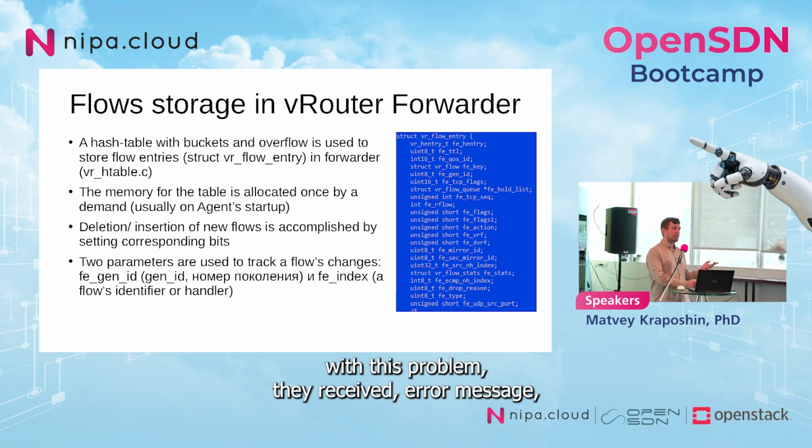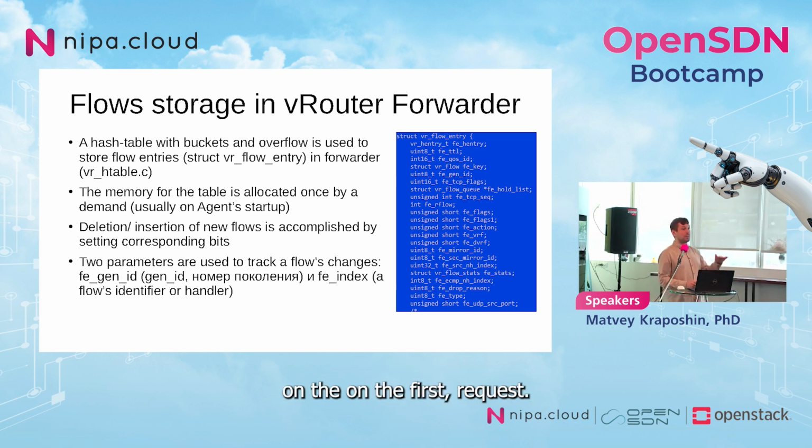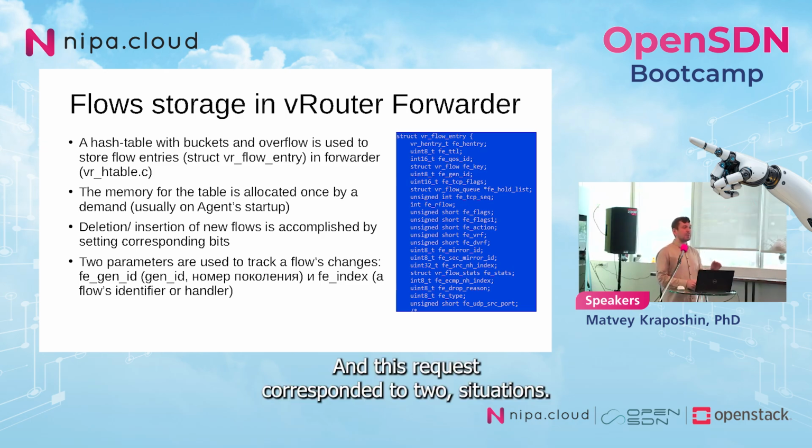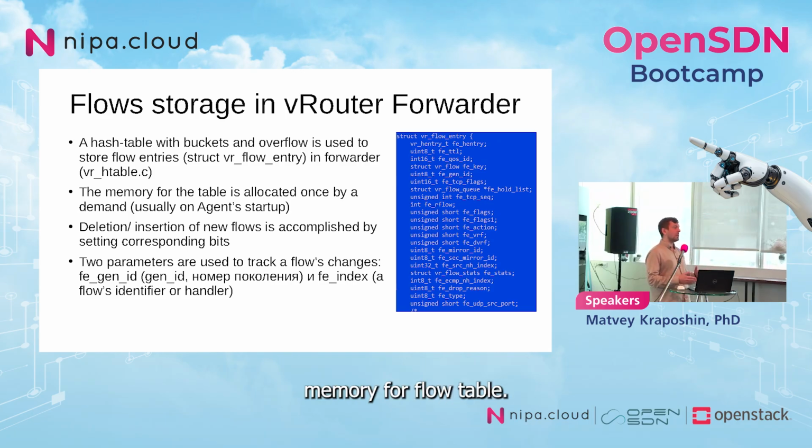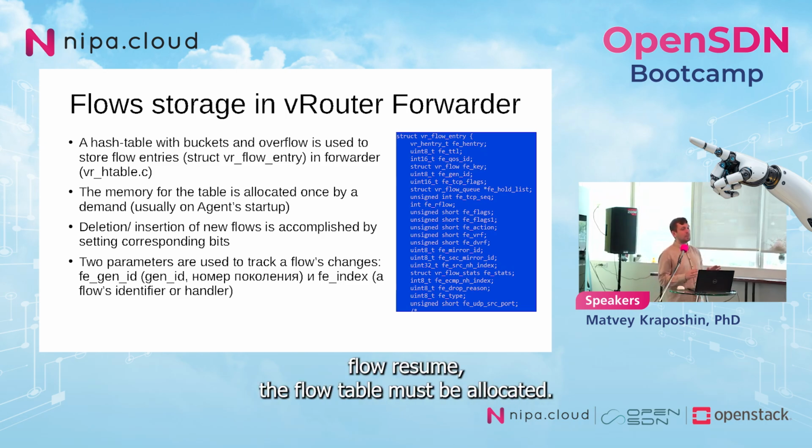They received error message on the first request, and this request corresponded to a situation when the router forwarder was not able to allocate memory for flow table. Even if you do not use flow regime, the flow table must be allocated.